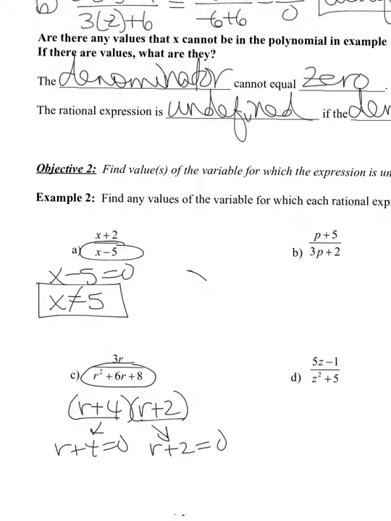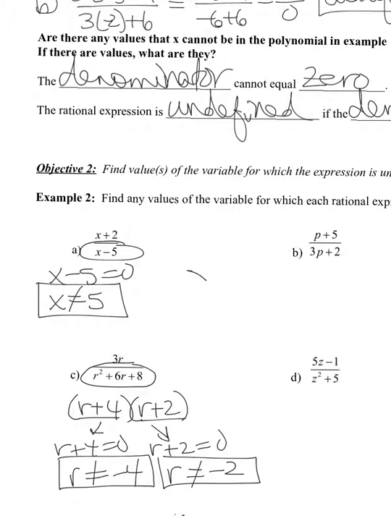If I subtract 4 from both sides, I would get r is -4. So r cannot be -4, otherwise my denominator is going to be 0. Here, if I subtract 2 from both sides, I would get r is equal to -2. So that means r can't be -2, otherwise my denominator is going to be equal to 0. So these are the values of the variable for which the rational expression would be undefined.